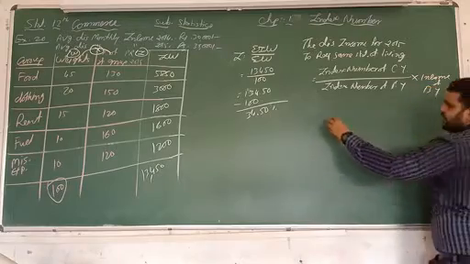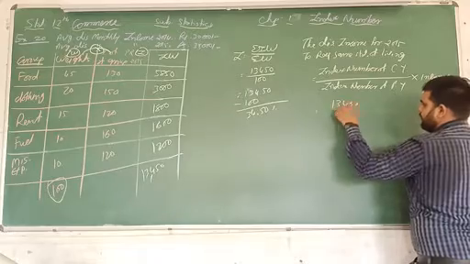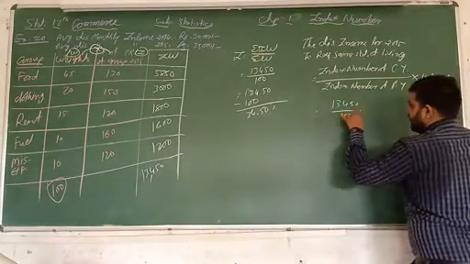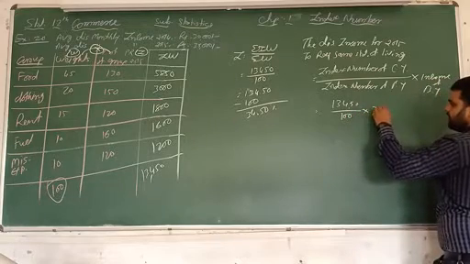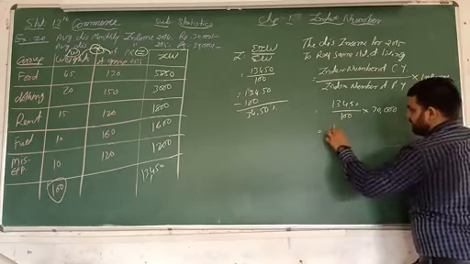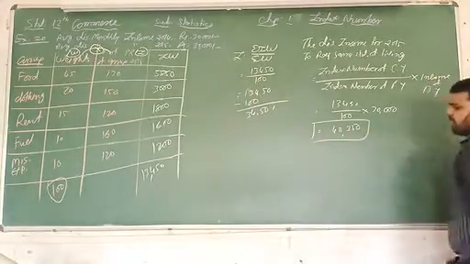Okay, so what is the index number of the current year? 134.50. What is the index number of the base year? Not given, it means 100. Income 30,000. Okay, so here the answer will be 40,350. So this much is required.